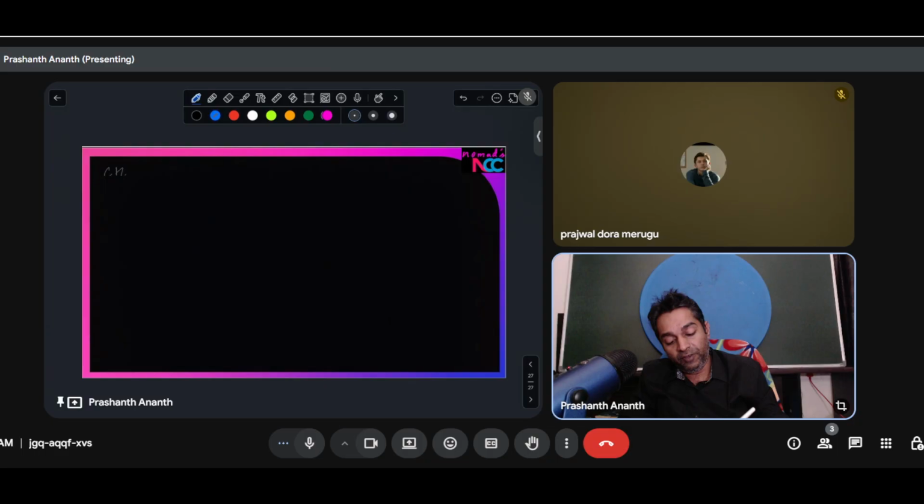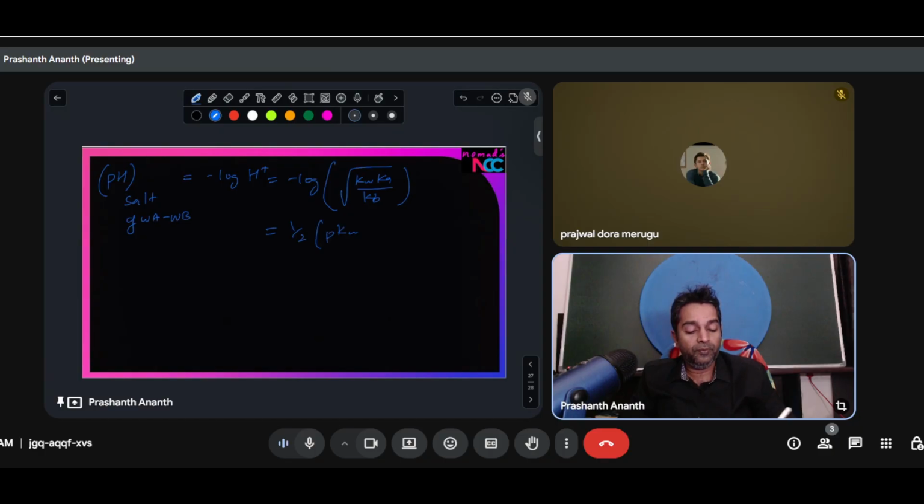We can say pH of the salt of a weak acid and weak base can be written as minus log of H plus, which in turn is minus log of square root of Kw Ka by Kb. Meaning if it is already like this, we can directly write it as half into pKw plus pKa minus pKb.